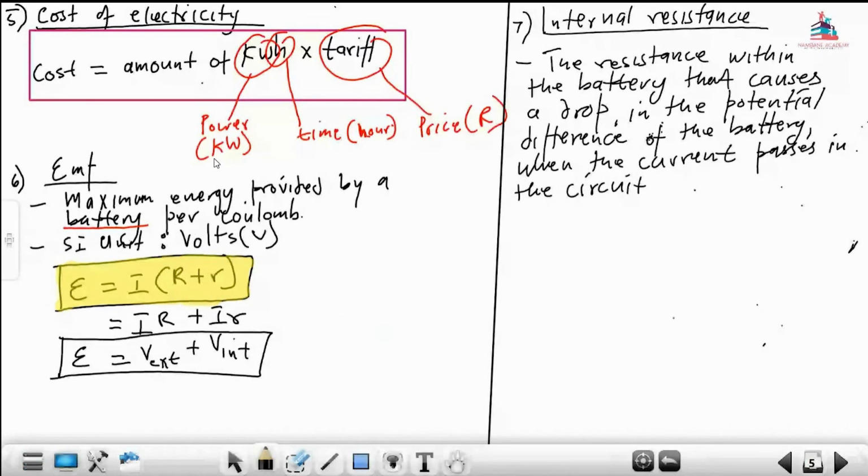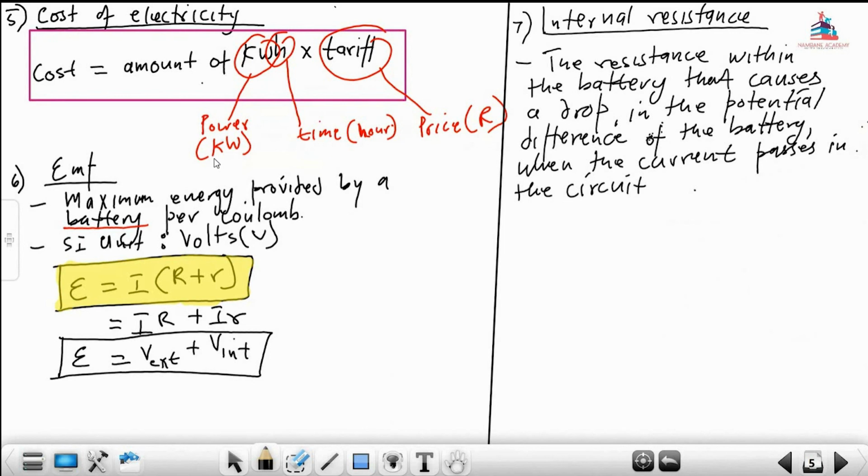So internal resistance, we just basically treat it the same way as we treat our resistors. But the key thing that we need now to note is just that it's the resistance that is now within the battery.